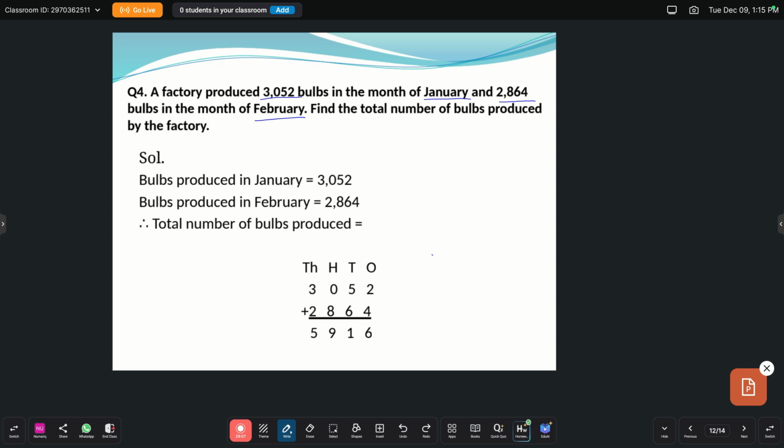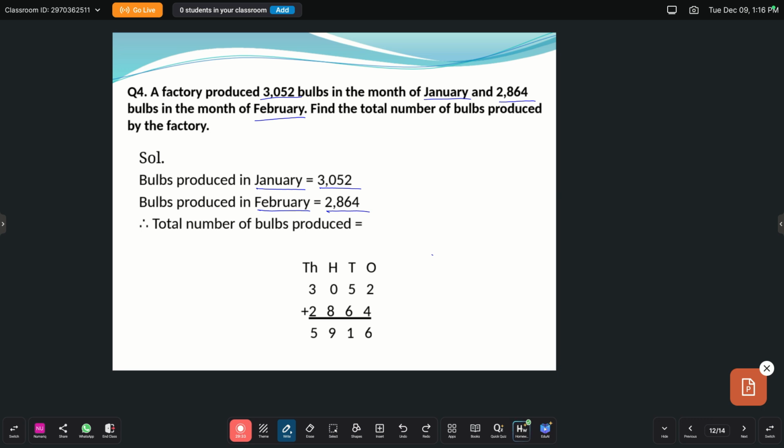Bulbs produced in January, the number is 3,052. Then bulbs produced in February, the factory produced 2,864 bulbs.